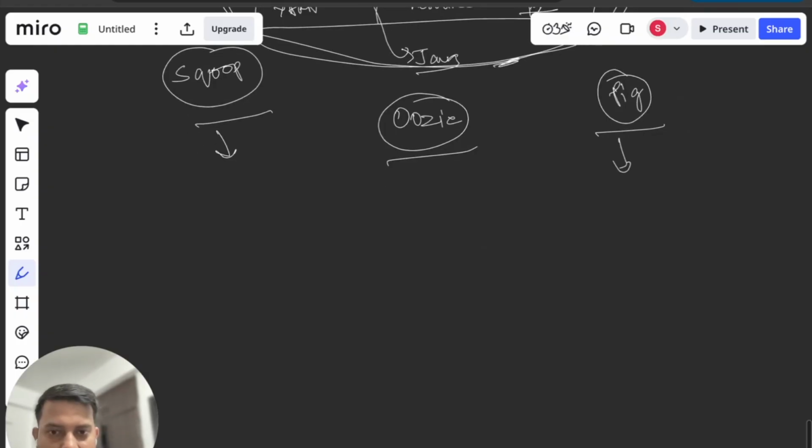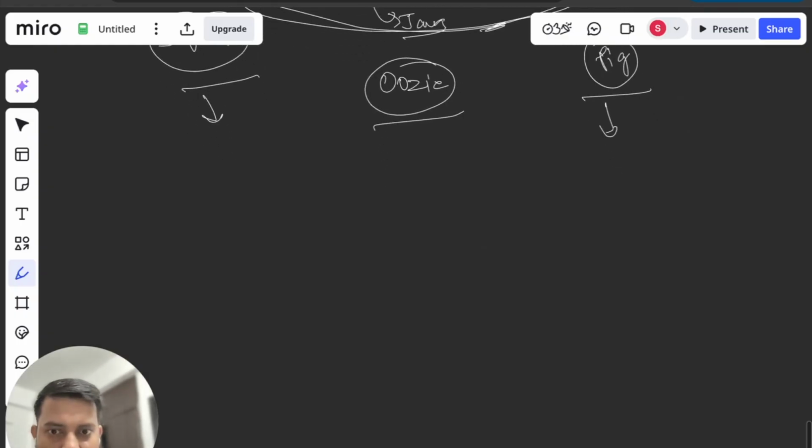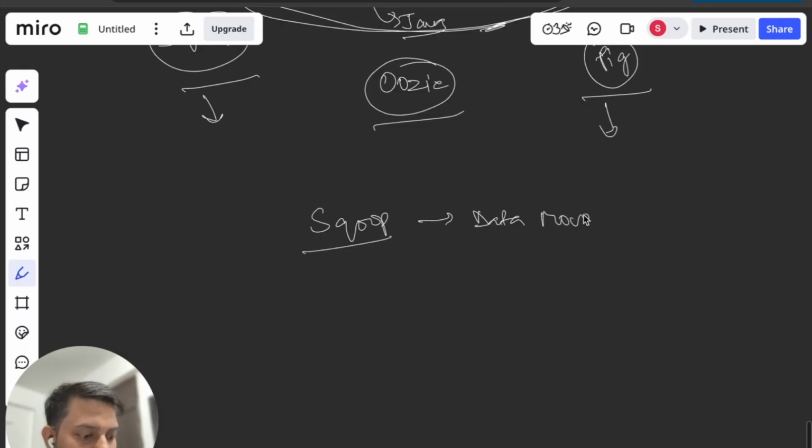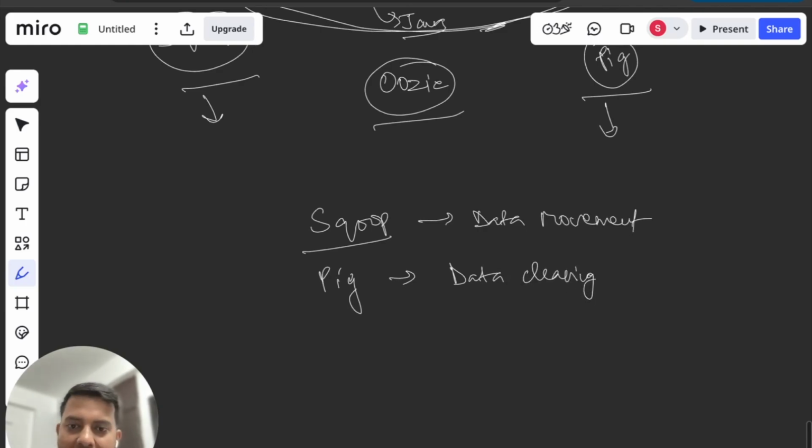Let me clear this so that you can remember the basic keywords. Sqoop is for data movement. Pig is for data cleaning. Hive provides a SQL-like interface to query the data, SQL queries.